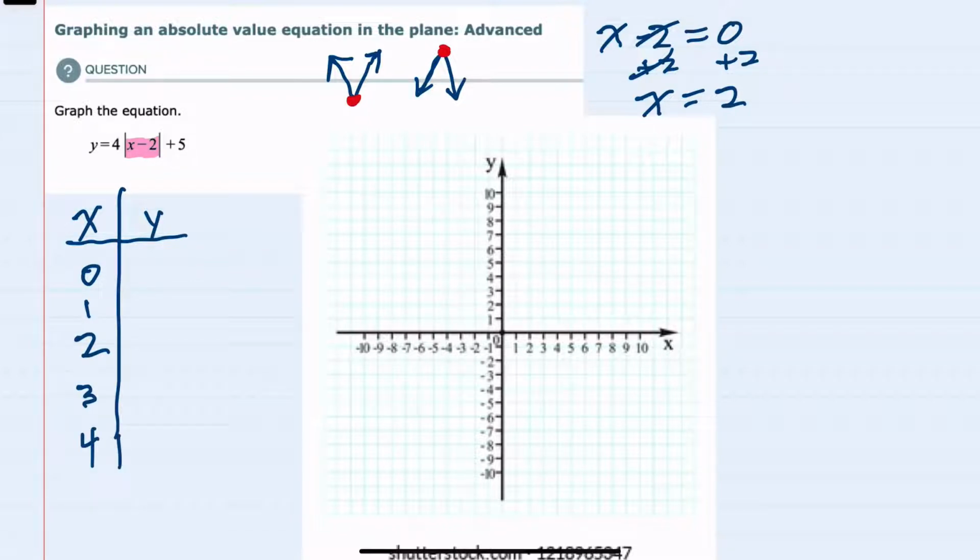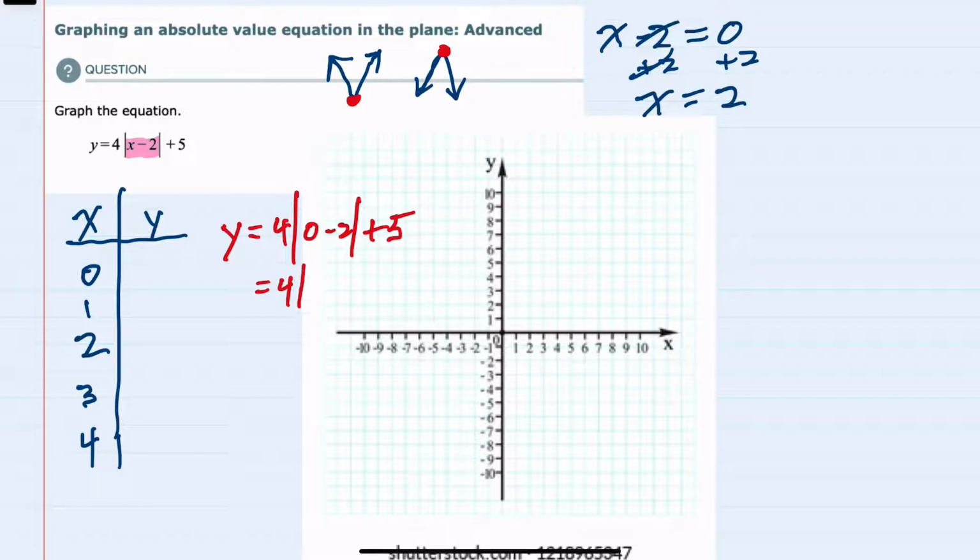And then to find the corresponding y values, I will just substitute in those values for x. So starting with x equals 0, I would have y equals 4 times the absolute value of x, which is now 0, minus 2, plus 5. Order of operations would have us working inside the absolute value first.